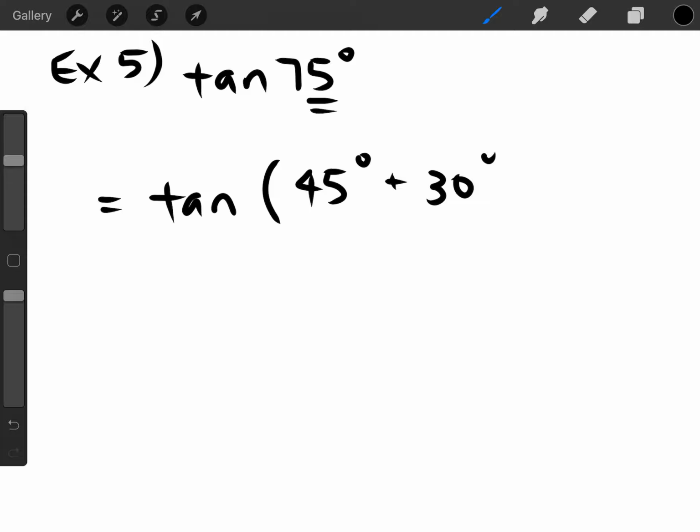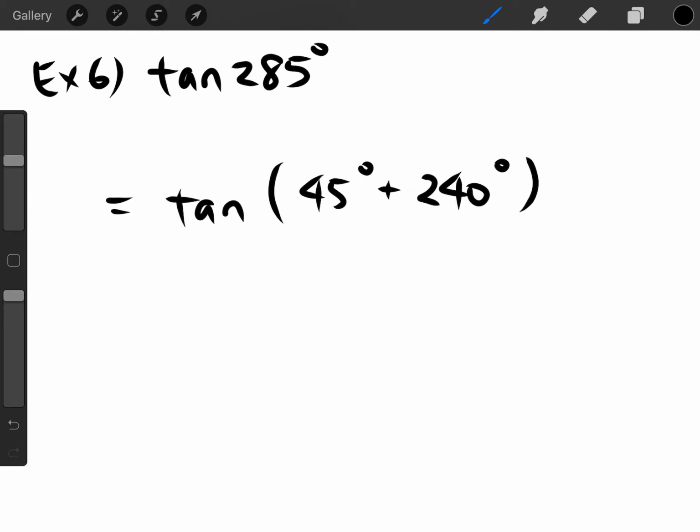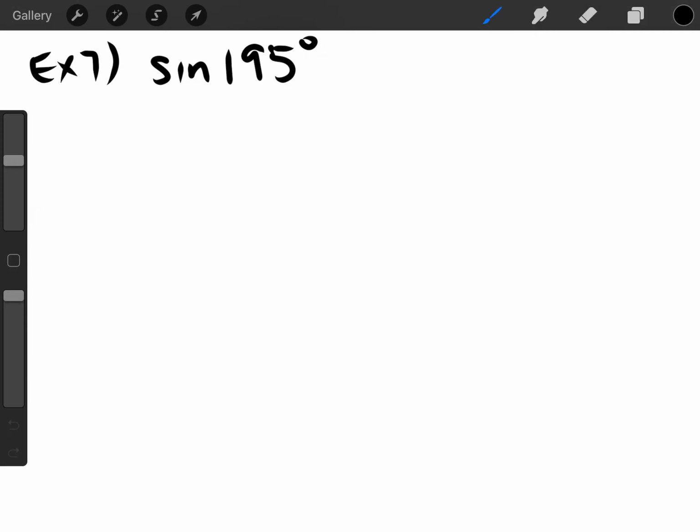This time it's a tangent. We don't have to worry about whether it's a sine, cosine, or tangent. So look at the unit digit, a 5. The first one I want you to put is 45 degrees plus 60 degrees. Next, 75.